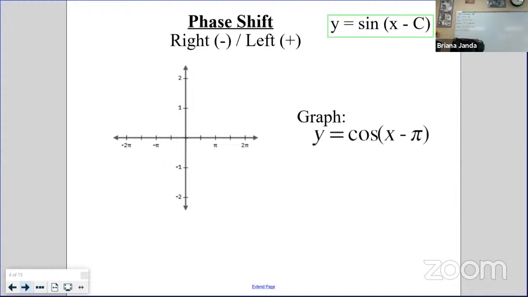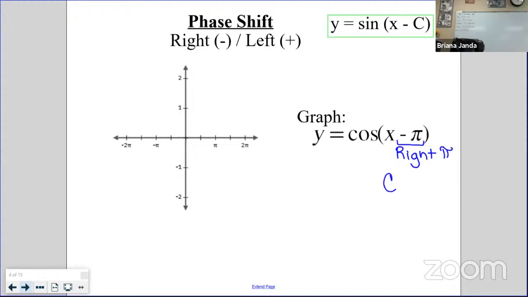Let's try one more with a phase shift. So this one we're going to try y equals cosine of x minus pi. You're going to want to do some of this today. So again, we have to think opposite. Minus actually tells us which direction, right?